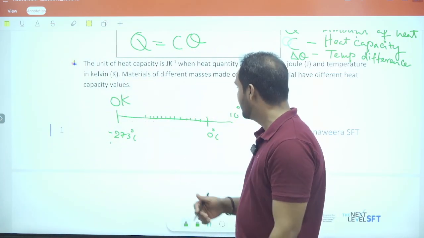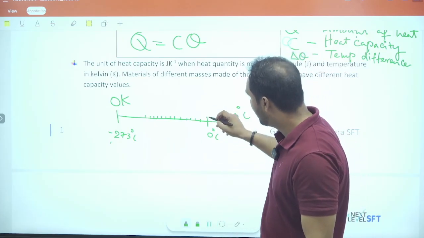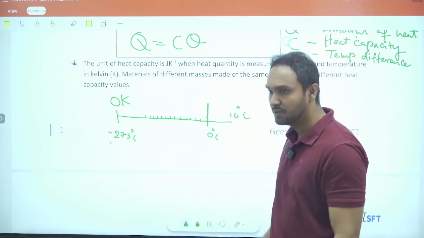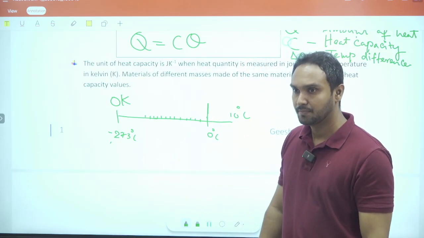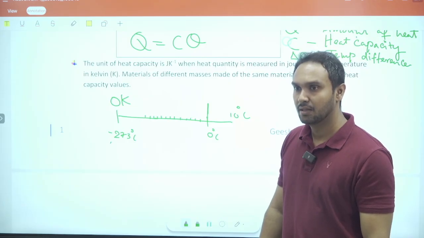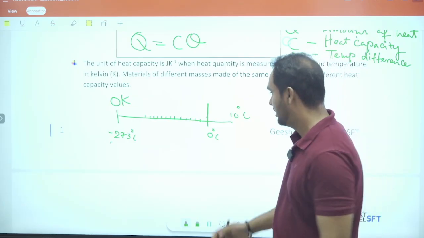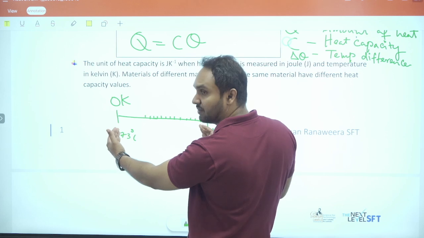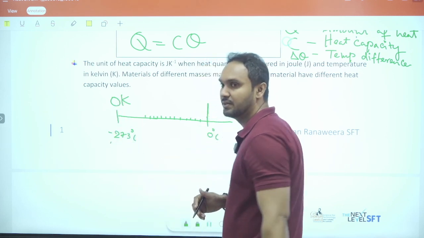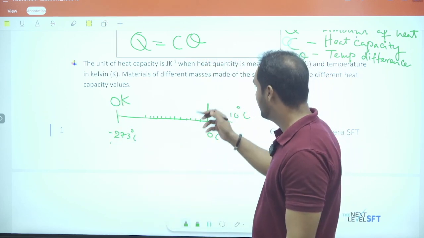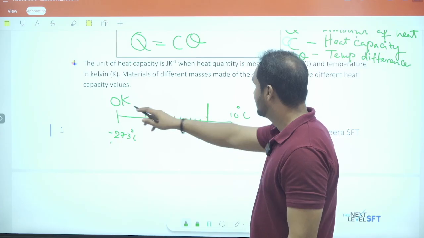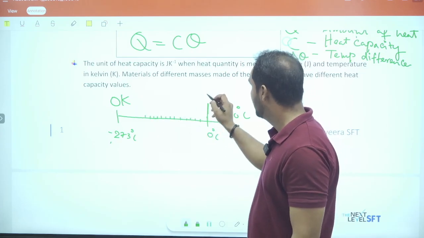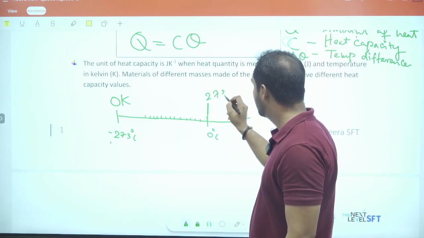So now let's take the difference. How much is 0 Celsius in Kelvins? 273, because this is 273 divisions. So only the starting and final values differ. Here it's 273 Kelvin.